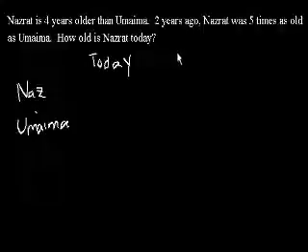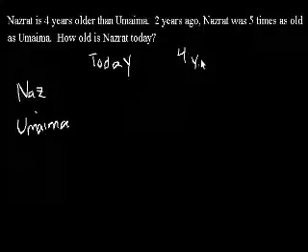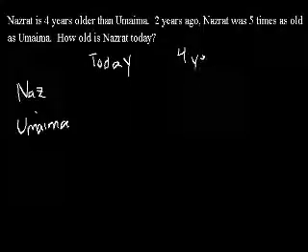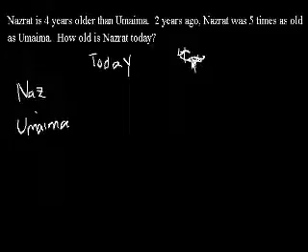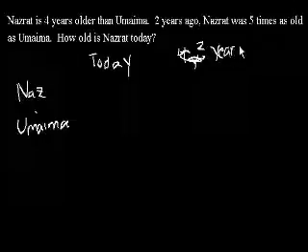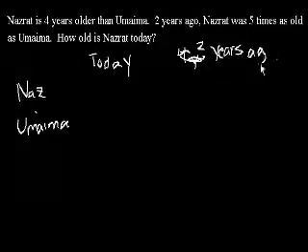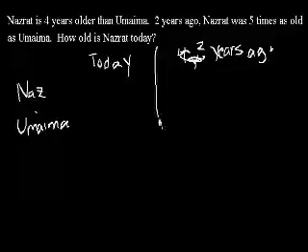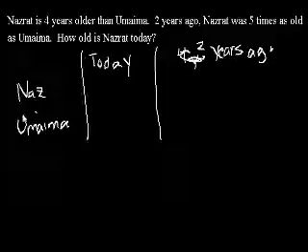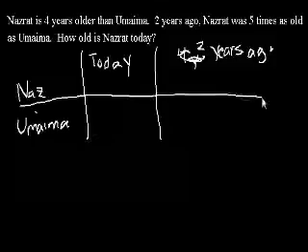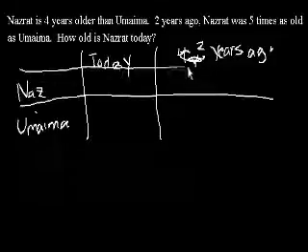I'm confusing myself, this would be 2 years ago. I'm still remembering the last problem. Okay, so this was today, 2 years ago, and let me make a little chart. It's not the cleanest chart, but I think it'll do the job.